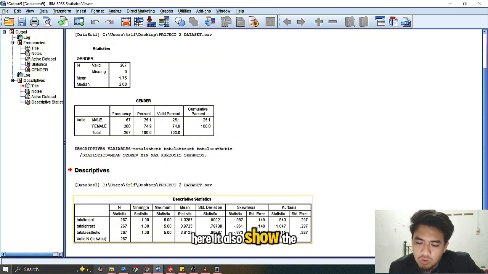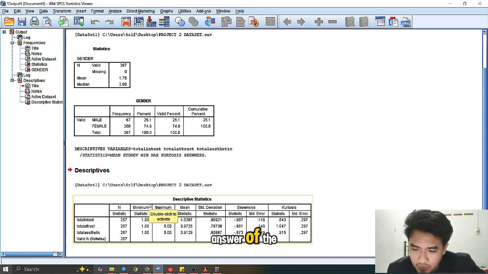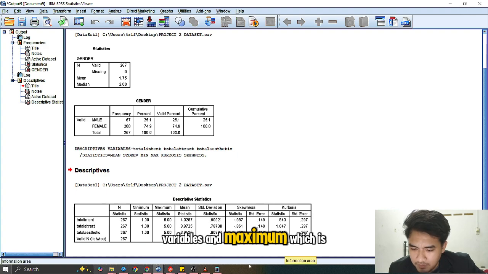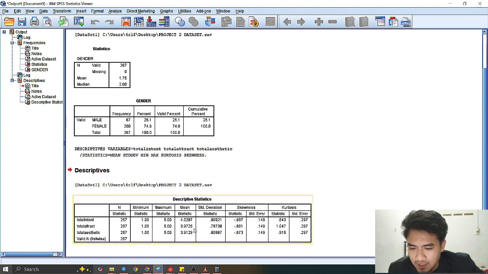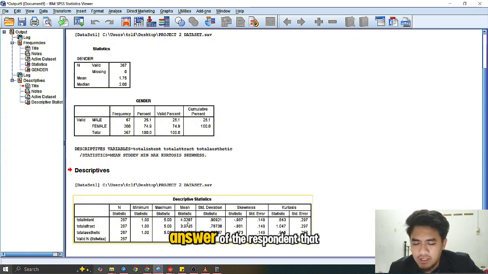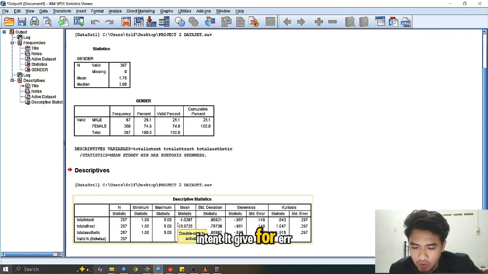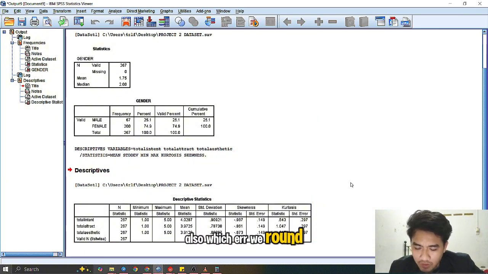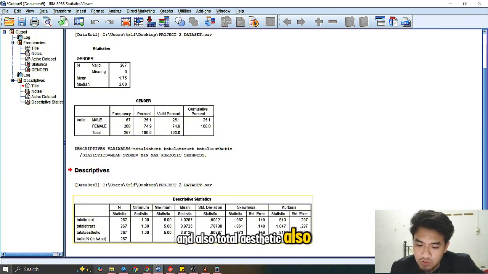It also shows the minimum answer given by respondents, which is 1 for all of these variables, and the maximum, which is 5. The mean is the average of the answers of the respondents, which for total intent is 4, total attract is 4 also, which we round, and total aesthetic also 4.